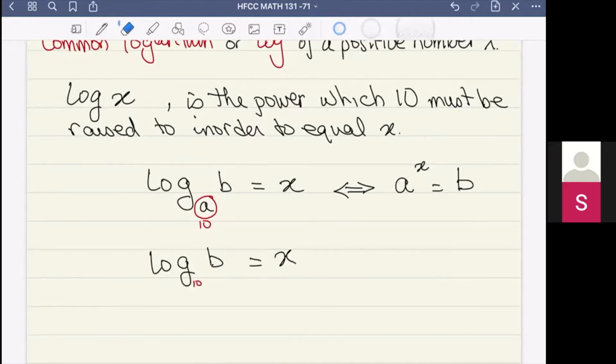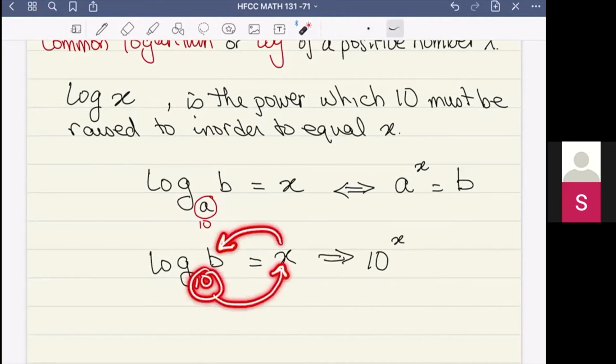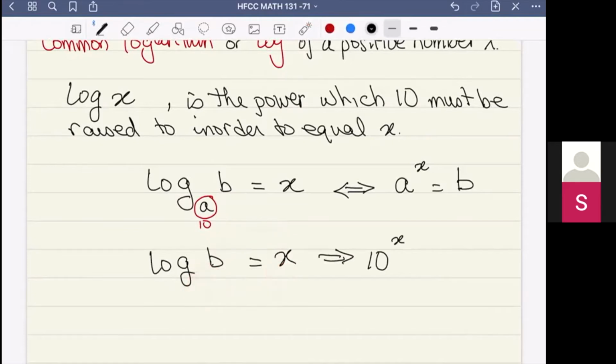So I'm just going to erase it for now. We say, so 10 to the power what in this case? So we say 10 to the power x equals B. Okay, so 10 to the power x equals B. So let's take an example.